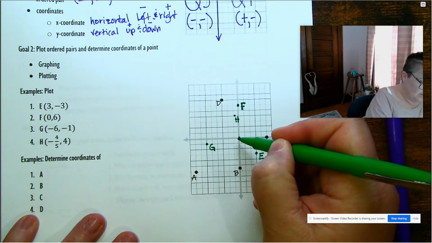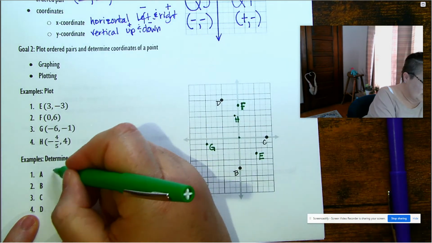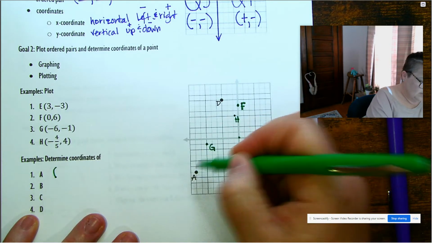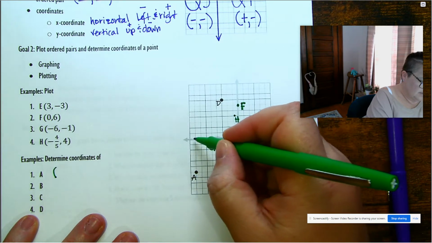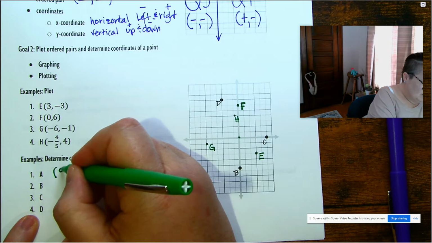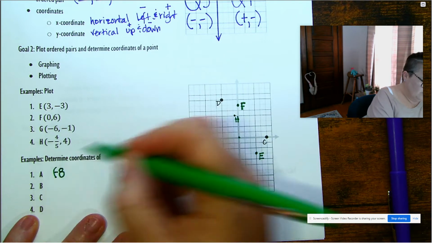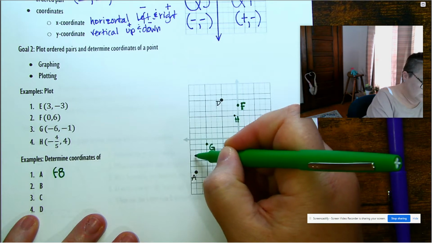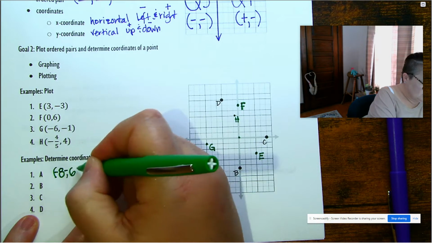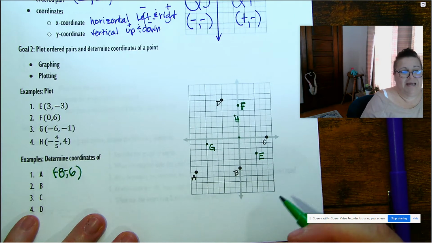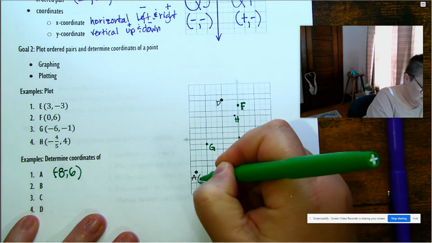I need to figure out how many over it is because that's my first number, and then how many down. So 1, 2, 3, 4, 5, 6, 7, 8. So it is 8 units to the left. 1, 2, 3, 4, 5, 6. And then 6 units down. So the coordinates of point A are -8, -6.